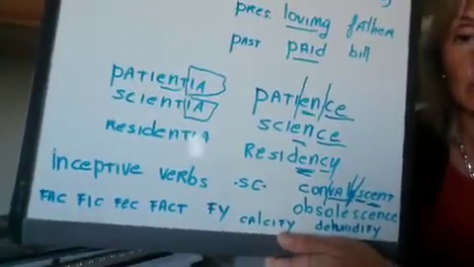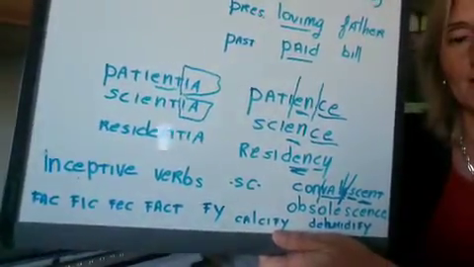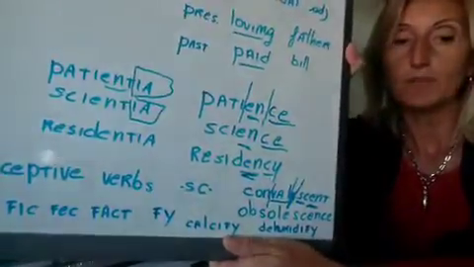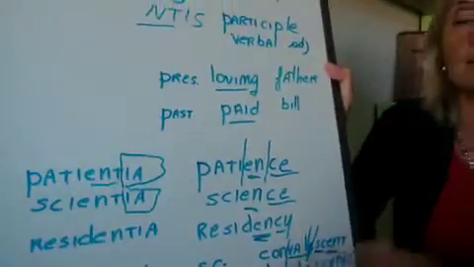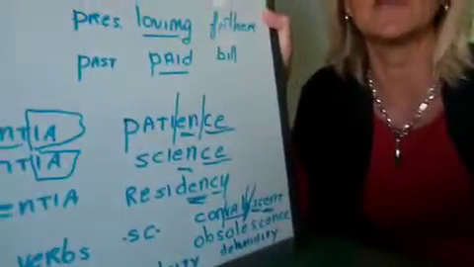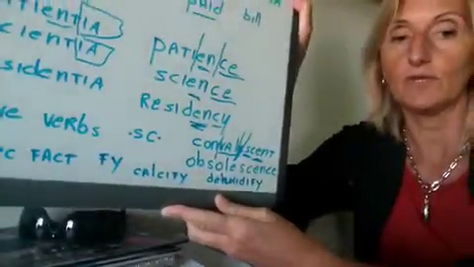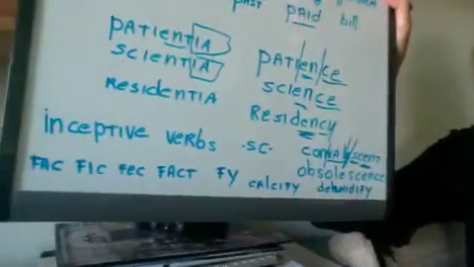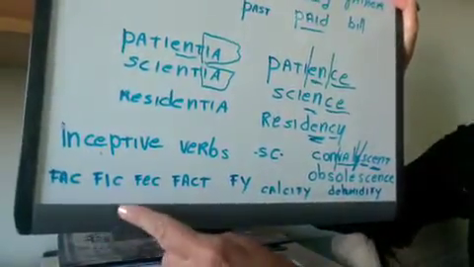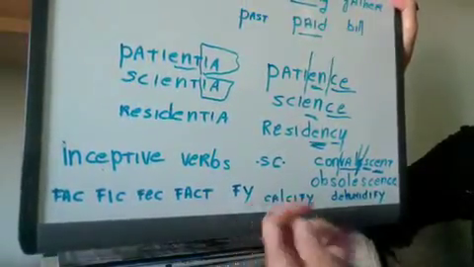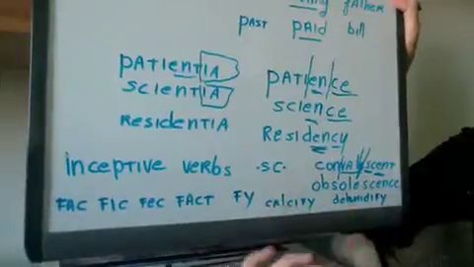Last thing to point out for this chapter is the verb facio, facere, which means to make, to do, and gives a series of English forms: fac, fic, fec, fact, and fy, which have something to do with making.